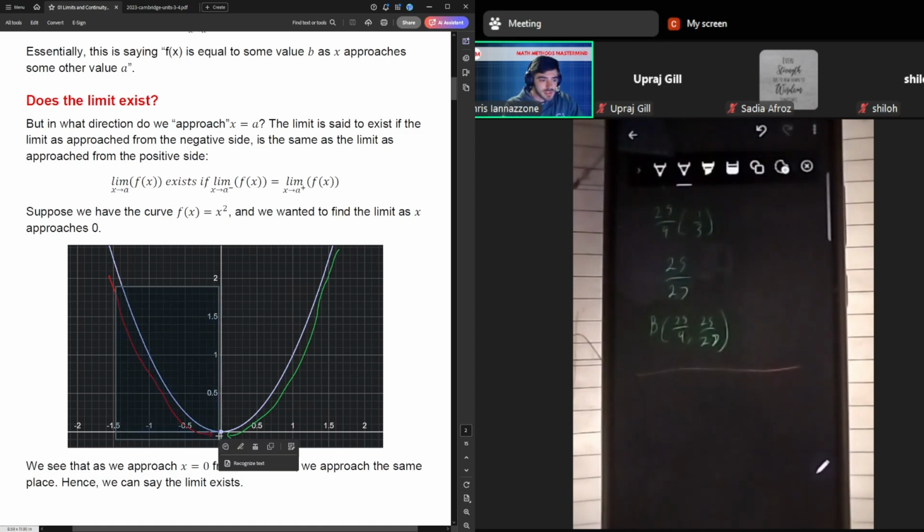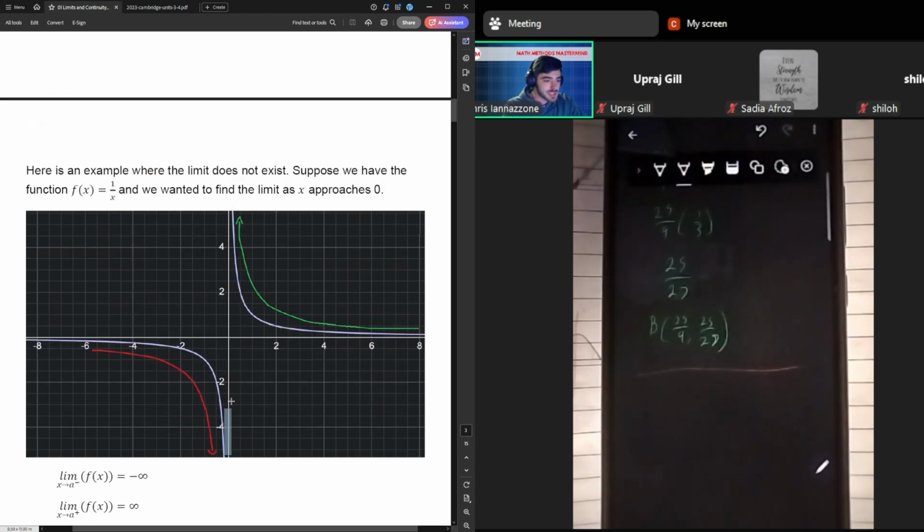The idea is that if you reach the same spot from the left as you do from the right, then the limit is said to exist, and the value of the limit is just whatever y value you got closer to. So in this case, it'd be y equals 0. Approaching from the right is the same as approaching from the left. Both of those get you to y equals 0. Therefore, the limit would be equal to 0.